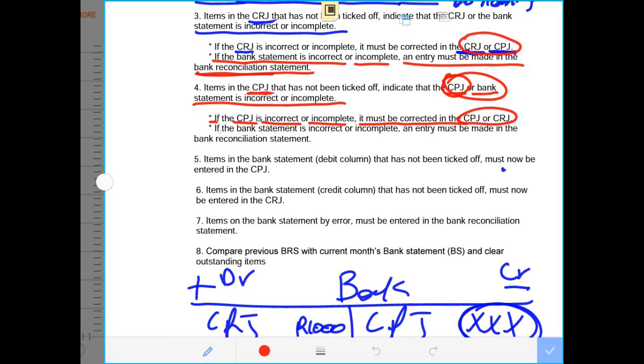Now the next, under procedure number 4, says if the bank statement is incorrect or incomplete, an entry must be made in the bank reconciliation statement. Take note of this once again.